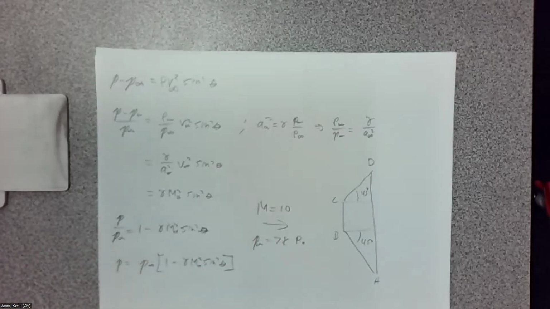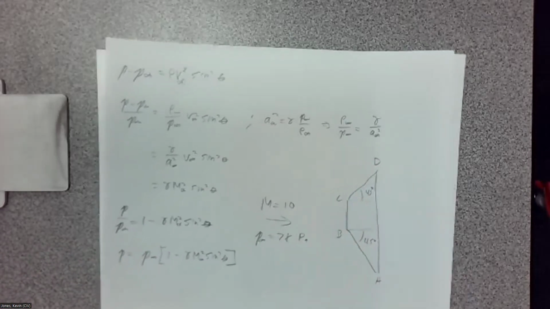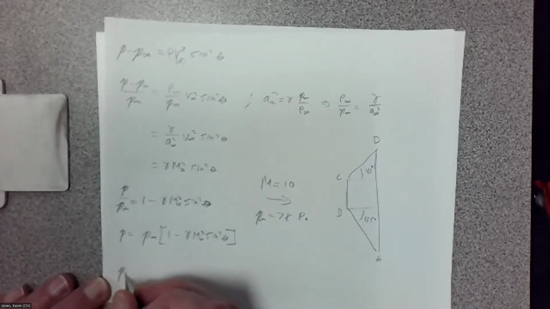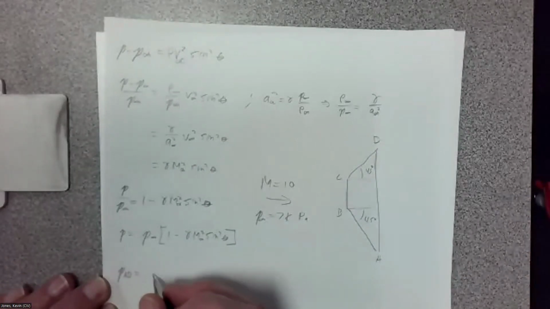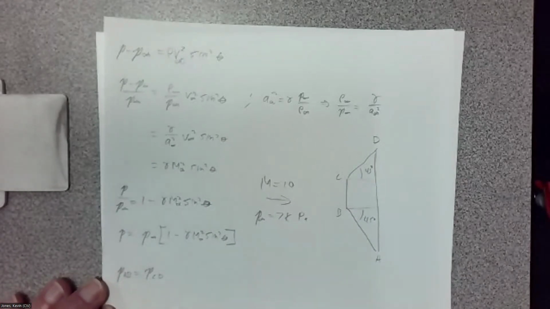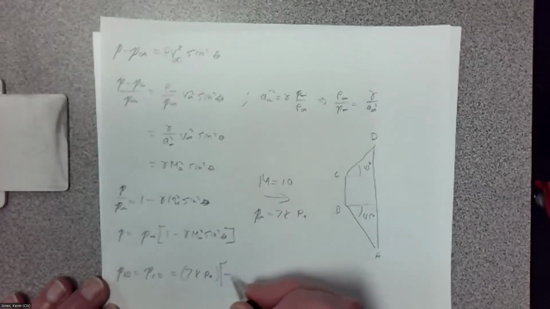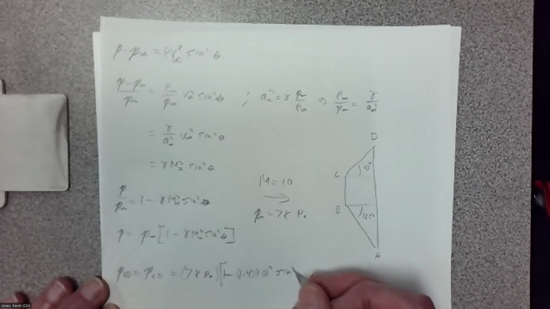All right, so we can go ahead and apply this to our 3 faces. On faces AB, the pressure is also going to equal the pressure on CD, since they're both at the same angle. So it'll be 7 kilopascals times 1 minus 1.4 for gamma, Mach squared, which is 10 squared, sine squared 45 degrees.